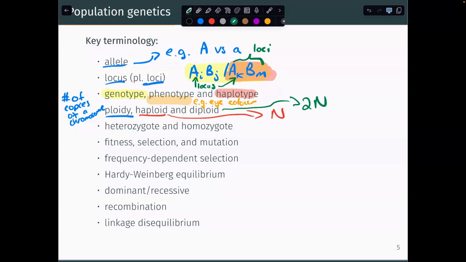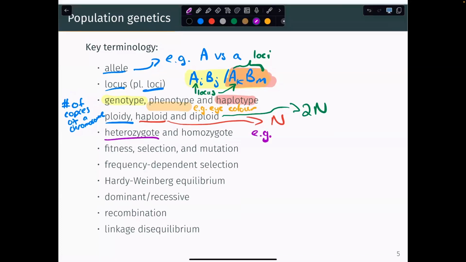We talked about heterozygosity as well. So we talked about whether an individual is a heterozygote, for example. So in the case of a single locus, big A, little a, this individual is a heterozygote. So if you think about them inheriting one haplotype, or in this case, just one allele from each parent, this is just saying that those alleles are different.